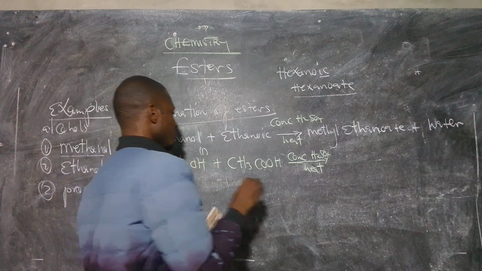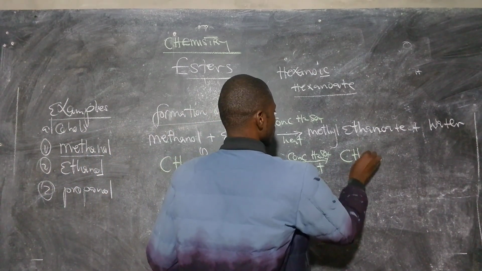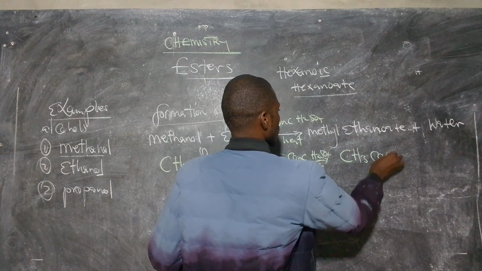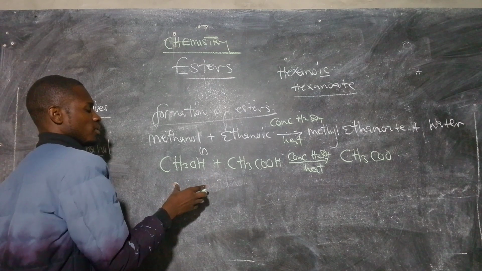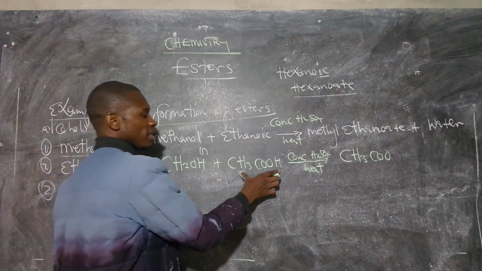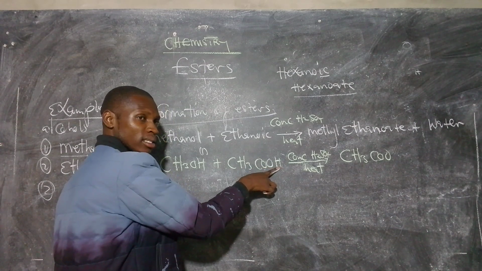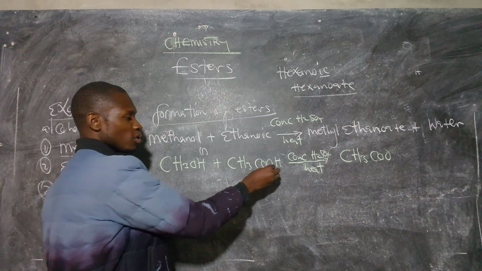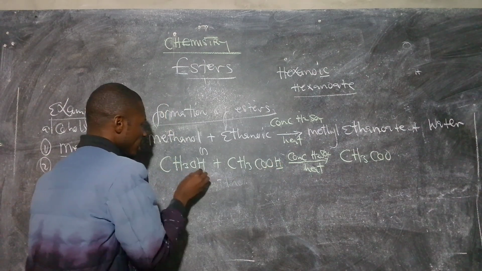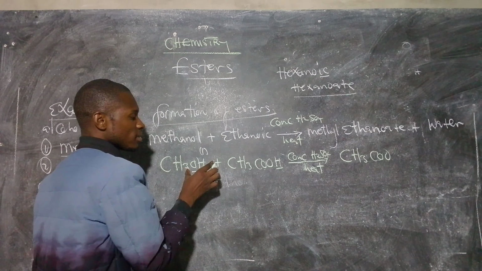So what are we forming? We are forming CH3, then OO. Now, I must mention here, you start with an acid, then this hydrogen from an acid will be removed or will be replaced. So this hydrogen here and this hydroxyl here will be replaced.